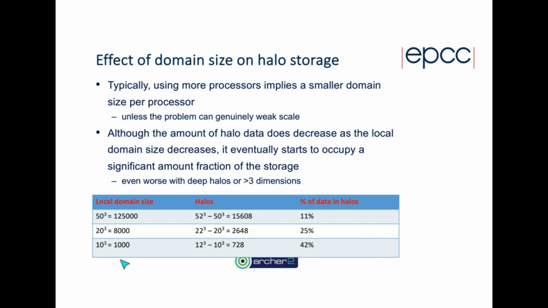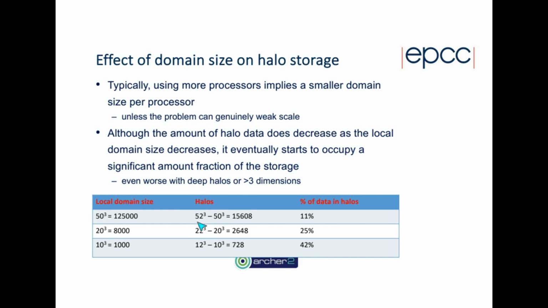So you just do some quick sums. Suppose we do 3D decompositions and our local domain size is 50 cubed grid points or cells, and we have a 1 deep halo.